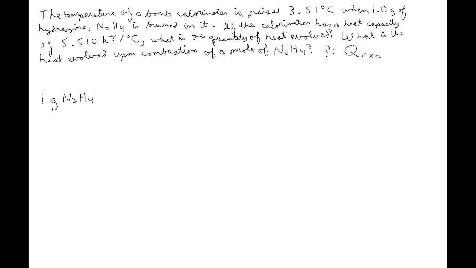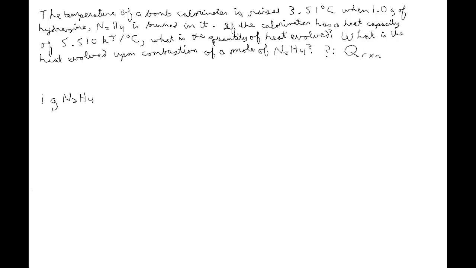Also, generally what we care about in real life is the heat of the reaction. We don't care about the calorimeter. We're just using the calorimeter to figure stuff out about the reaction. So when they phrase it this way, what's the quantity of heat evolved or the heat upon combustion, I think it makes most sense to focus on the heat of the reaction, although that is a little subtle.